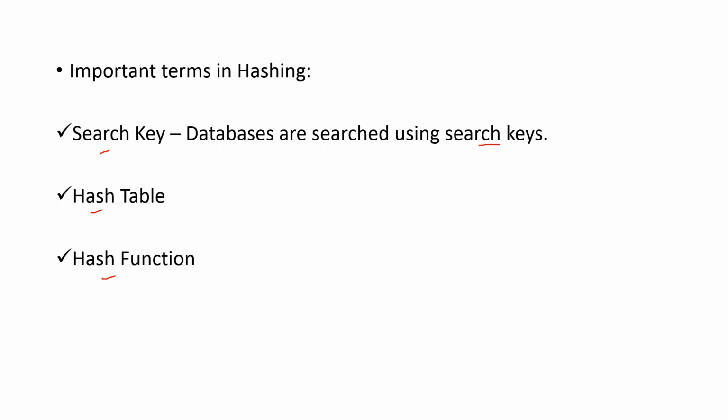When you search for a particular roll number, it gives the full data of that student: his name, date of birth, his parents' names, his address, everything. Those details are stored in the database, and with the help of the roll number, you go directly into the database. So that is the search key. And hash table is there, hash function is also there.